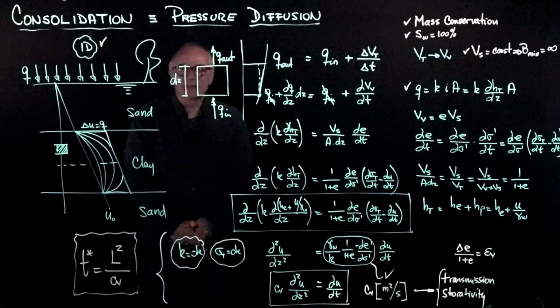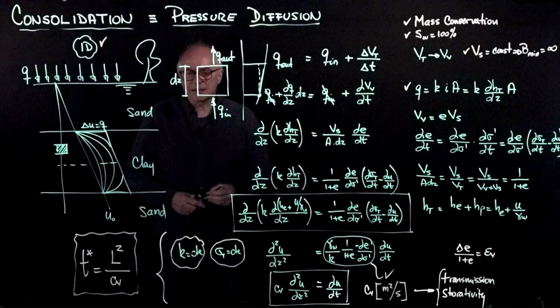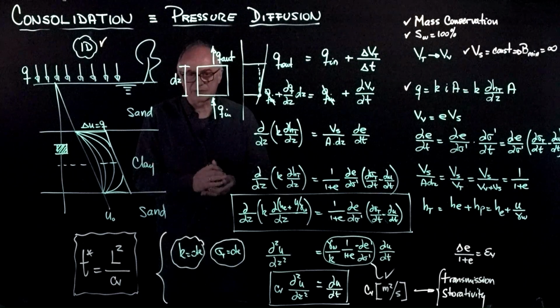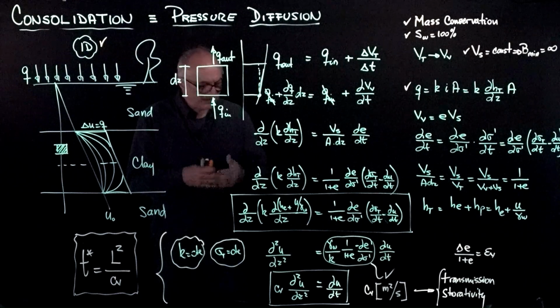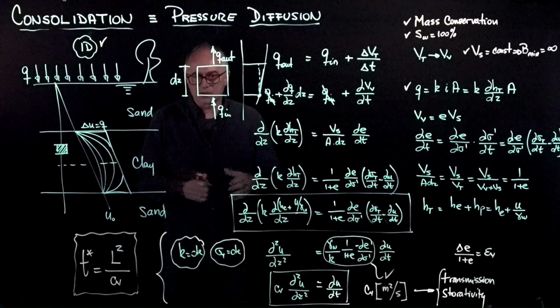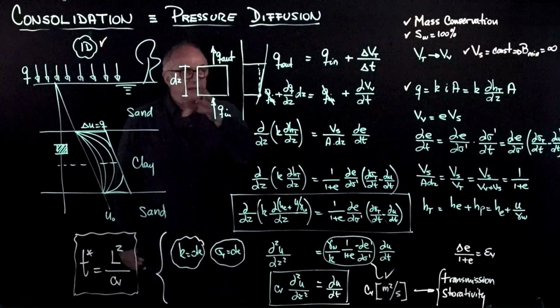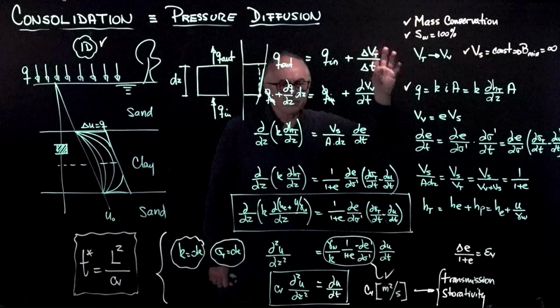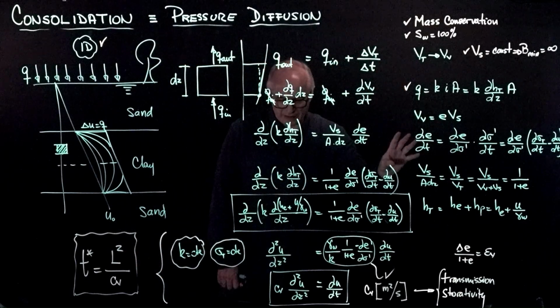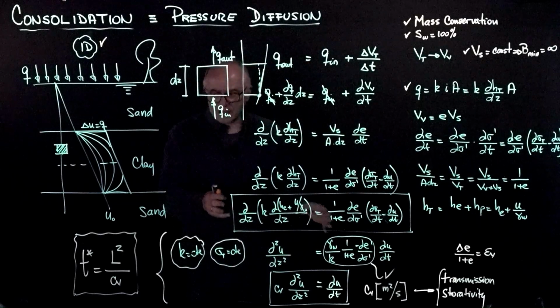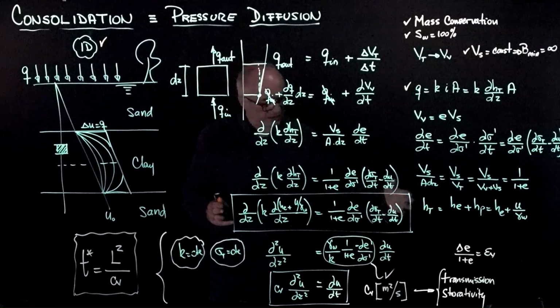To summarize, the standard one-dimensional consolidation equation that we have seen coming from Terzaghi is similar to other diffusion equations throughout the physical world. It is for a one-dimensional system with very important assumptions. But particularly, I would like to stop with this equation here.